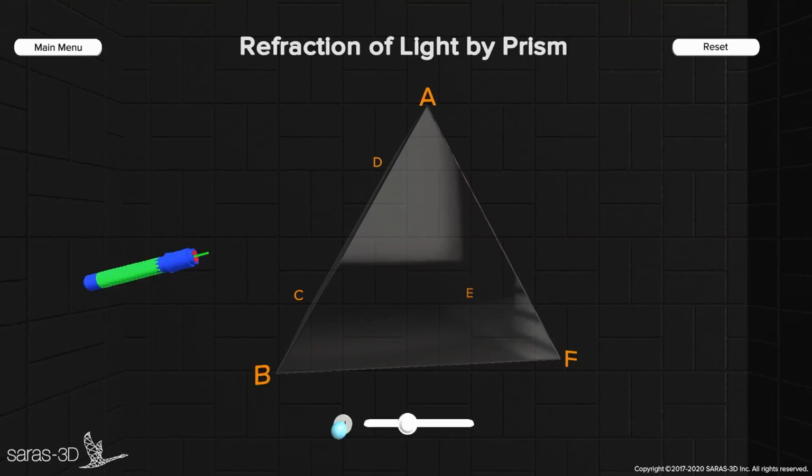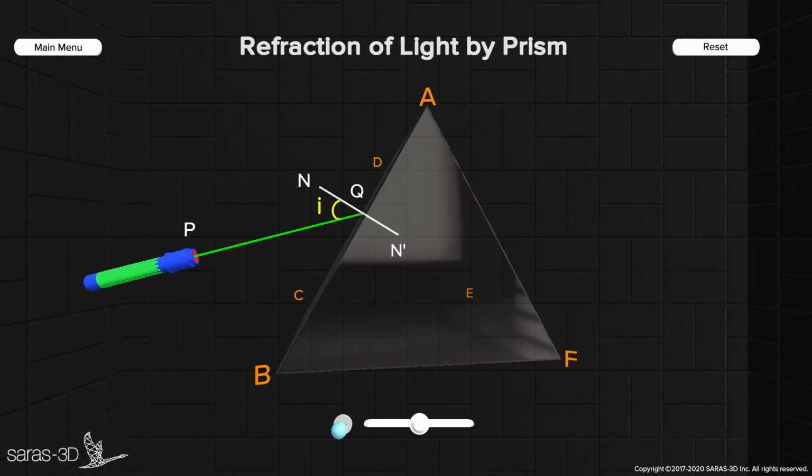Consider a ray of light from a laser incident on one of the refracting surfaces. Let's say that the incident ray is PQ. Now let us assume that there is a normal NN dash at point of incidence Q and the angle made by the incident ray PQ with normal is I. I is known as angle of incidence.